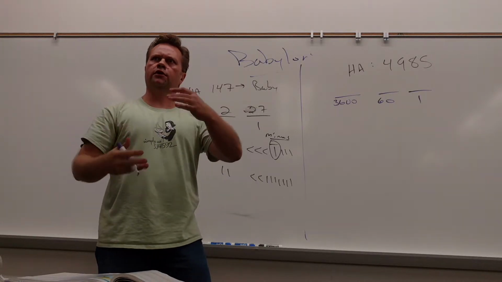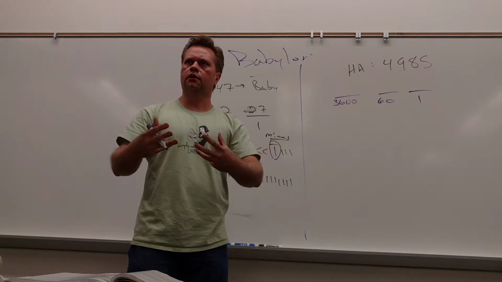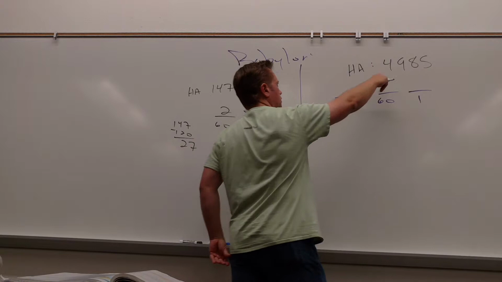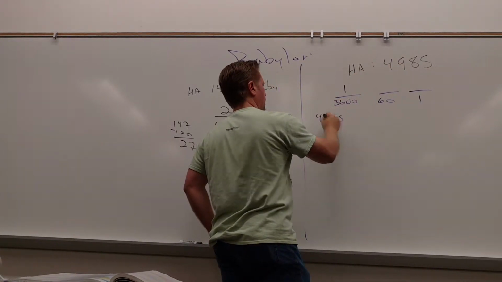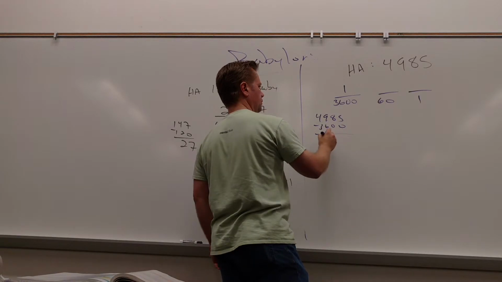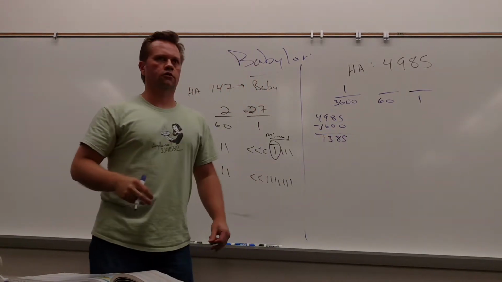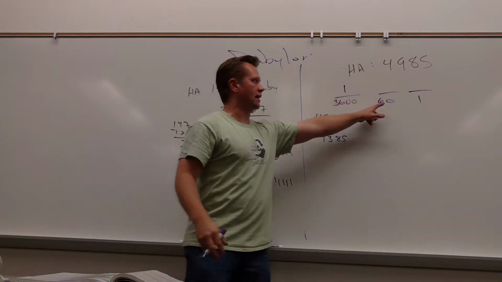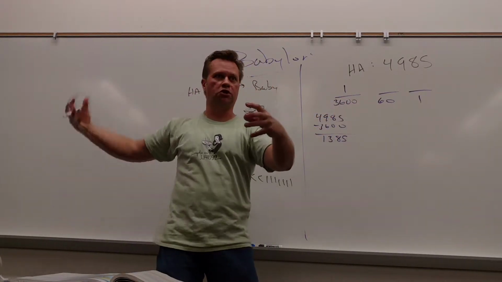So like I said earlier, you're going to divide and subtract. It makes sense because it's the opposite of what we're doing. 3600 goes into 4985 once. 4985 minus 3600 is 1385. So that's how much the next guy's got to take care of. I let my big dude attack it first. He takes a big chunk of it away.